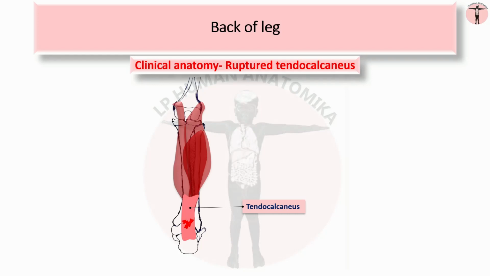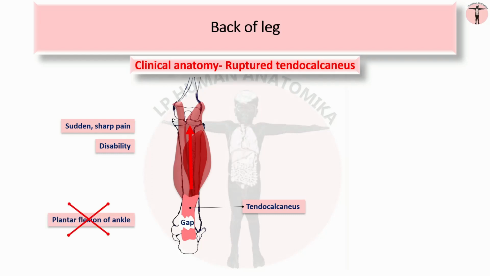A sudden sharp pain will be felt by the person with immediate disability to plantar flex the ankle joint. The gastrocnemius and soleus muscles retract proximally, leaving a palpable gap in the tendon. Plantar flexion is lost and it is impossible for the patient to plantar flex the foot.